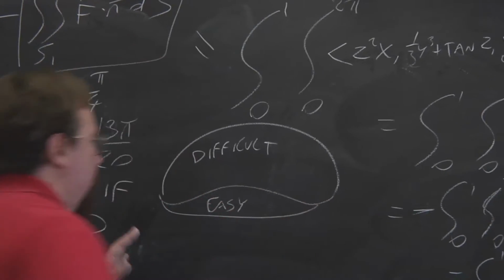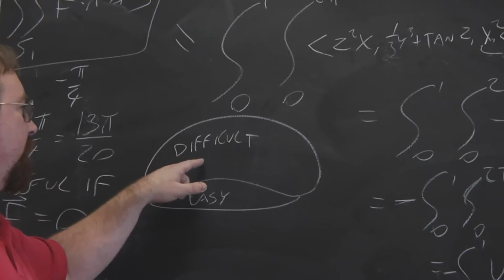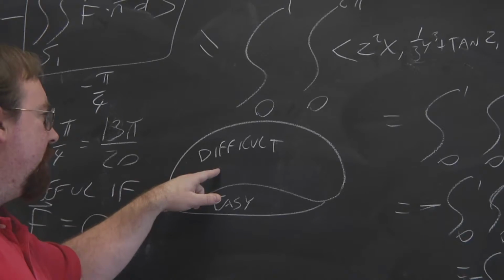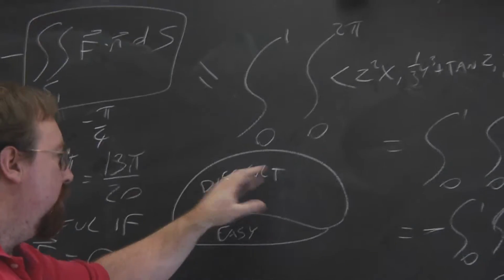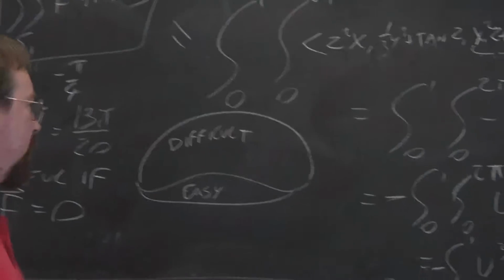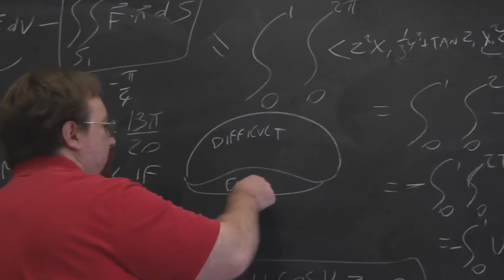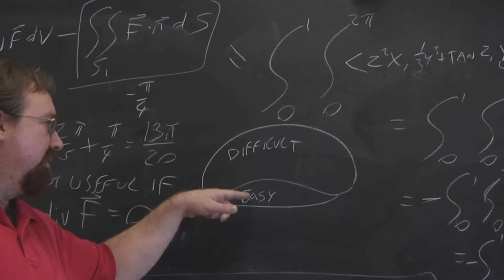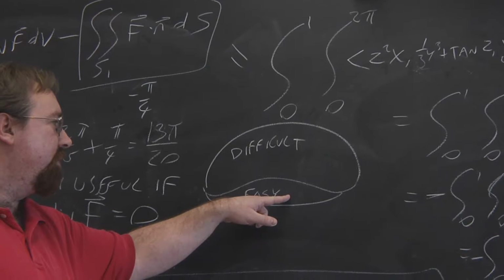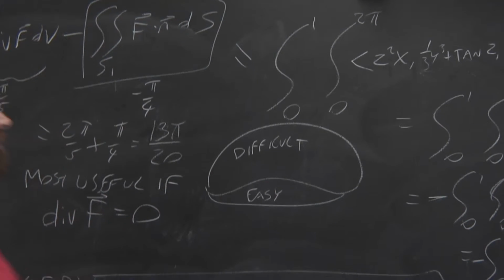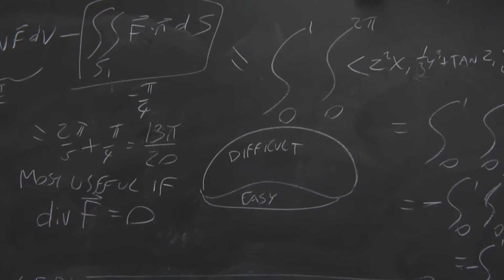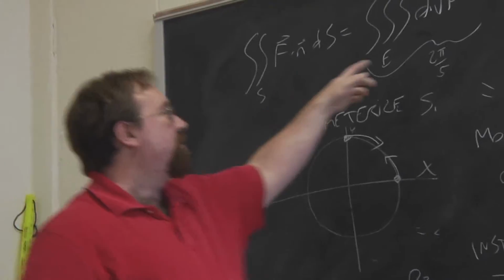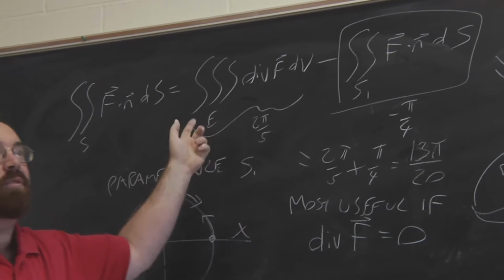You combine them together to form a region, and if the divergence of your particular vector field is 0 within that region, then you can just integrate over this, and it'll be up to a sign. So minus the integral over this surface will be equal to the integral over this surface. All right. So that is the idea that we used here. It's just that this integral didn't go away; it was just easier to do.